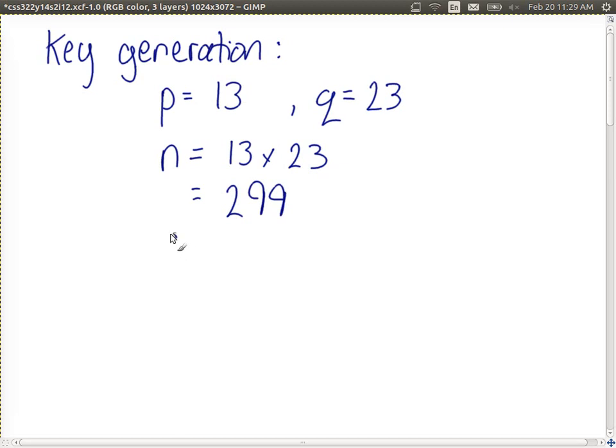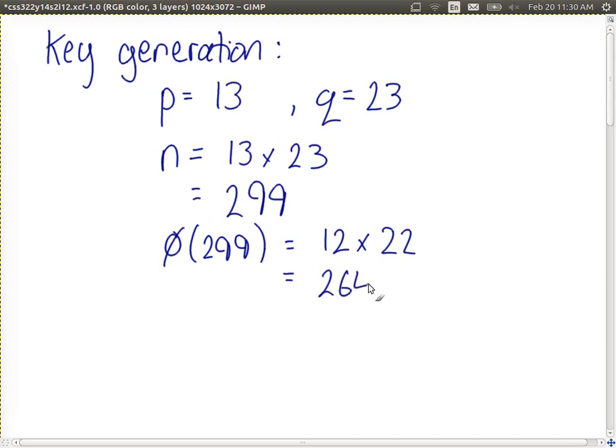The totient of N is P minus 1 times Q minus 1, or 12 times 22, which is 264. So they were the first two steps.